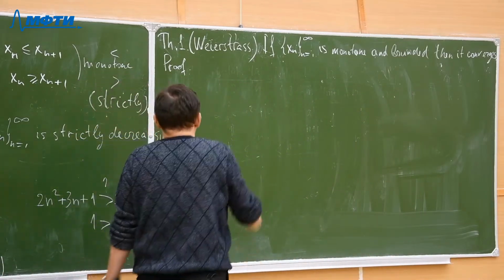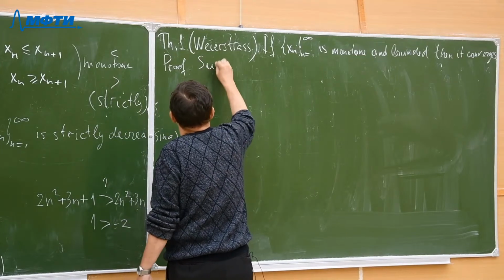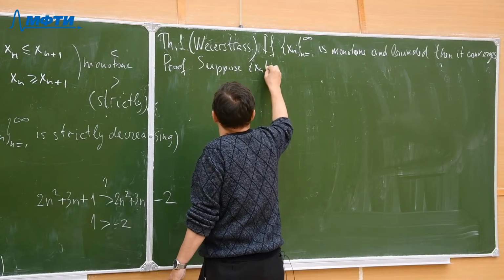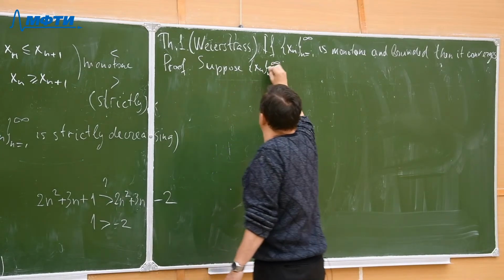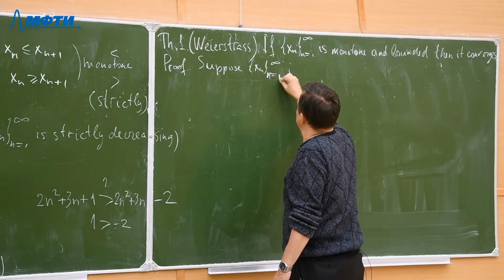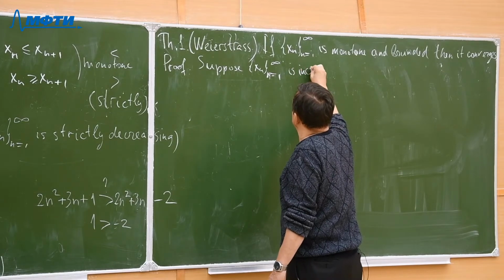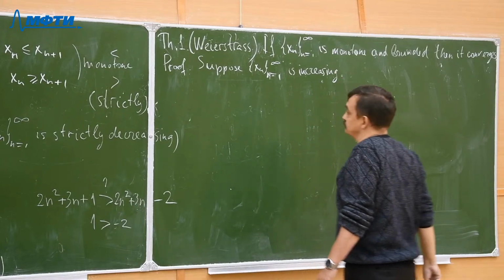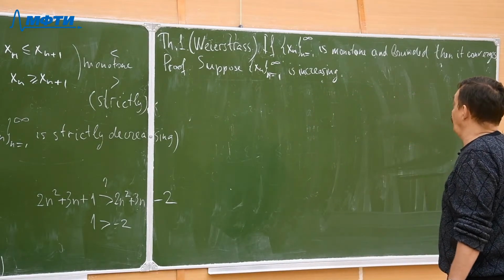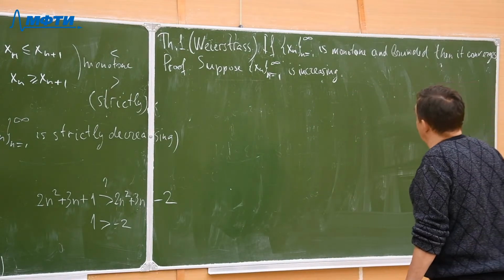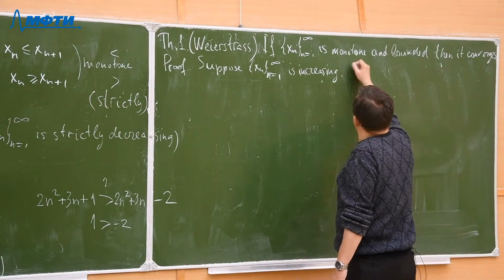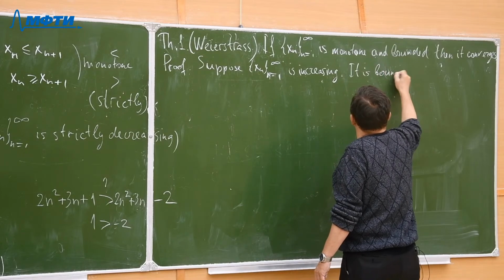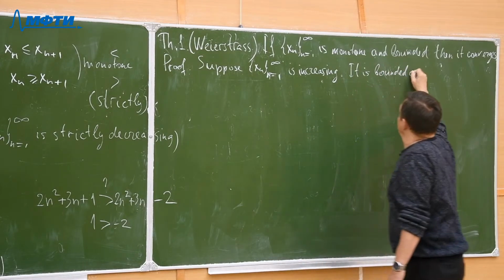So suppose xn is increasing. It is bounded above.